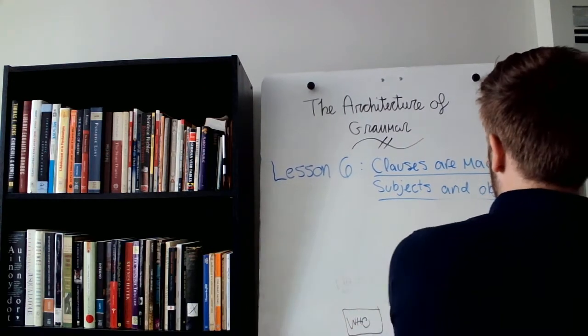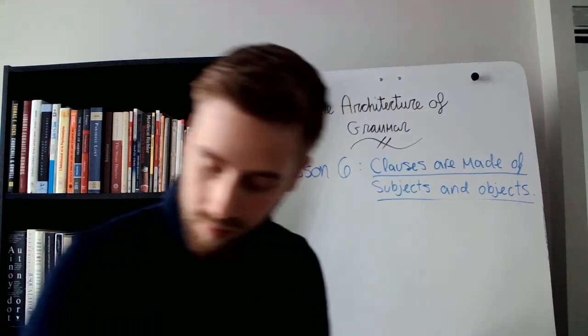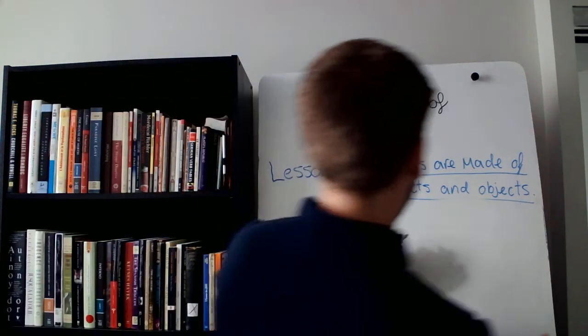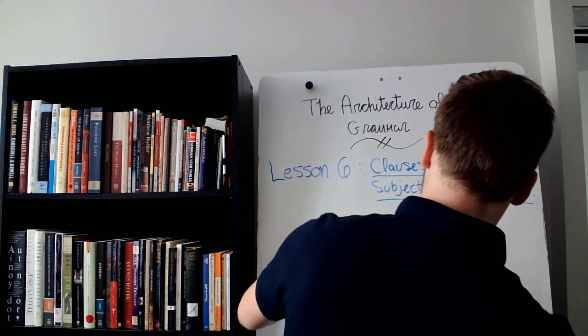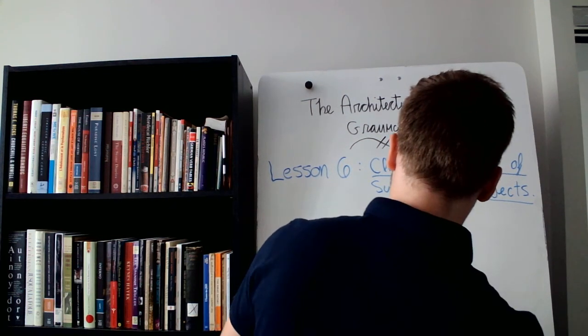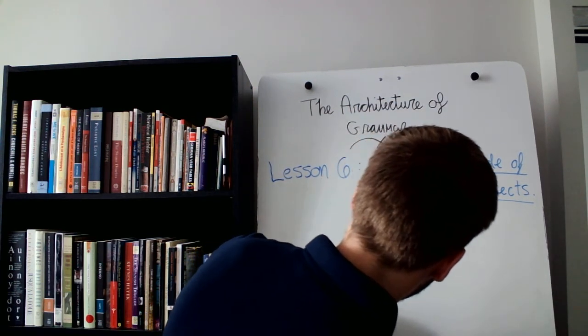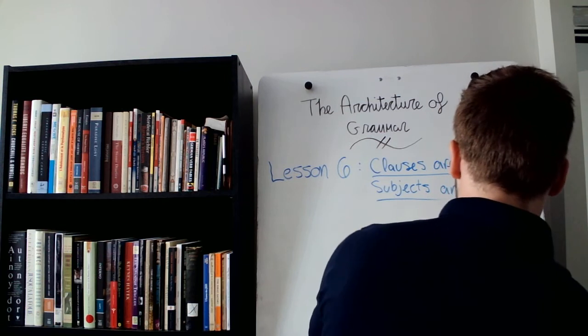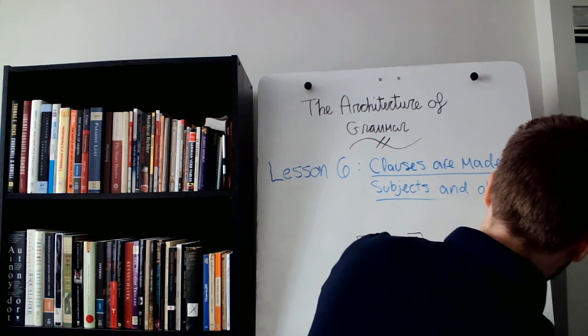When we're looking at the what, your what is made of two things. It's made of a verb, and it's made of a direct object.